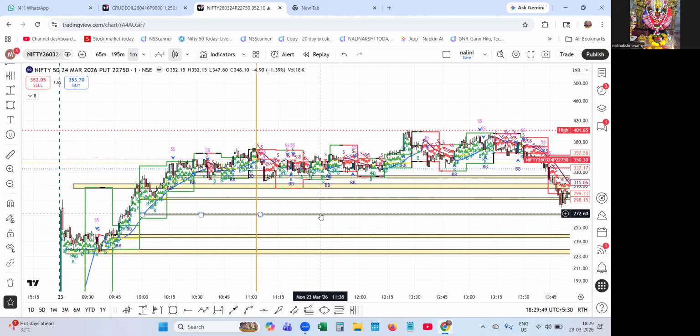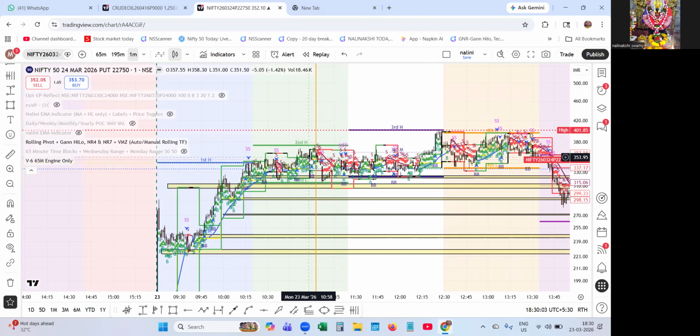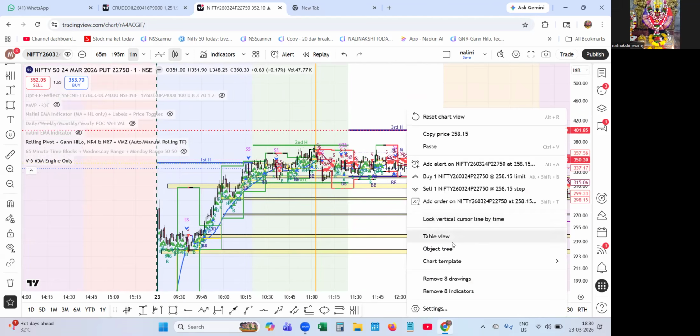Many people are scalpers. For the scalper, this is a hack. They can utilize this. This is how you have to understand the trade. Once I enable this 65-minute trade, this is the second hour, third hour. So you will get guidance around the second hour low and all those things.